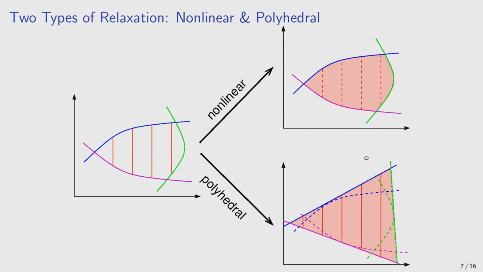And I can relax this further. So this is what I actually did here. If you now take the convex hull of these, well, or if you relax integrality in this problem, then you get the pink set. So there's hierarchies of relaxations that I can take, and we're going to look through all of these in a little bit.